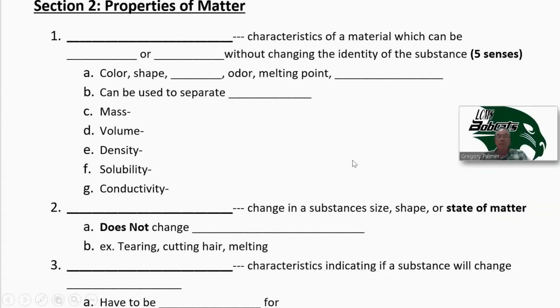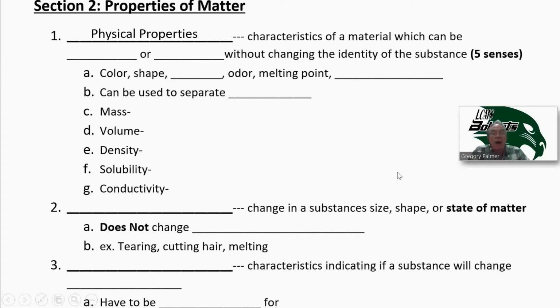Properties of matter is something else that is emphasized on the benchmark. So I want to take a quick review of page 13. There are 2 big kinds of properties: physical properties and chemical properties.